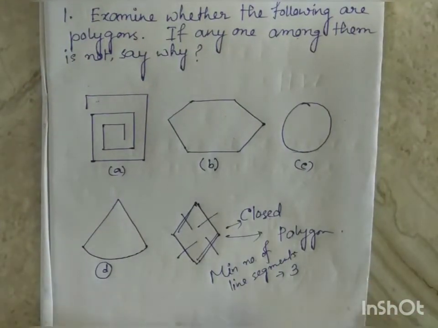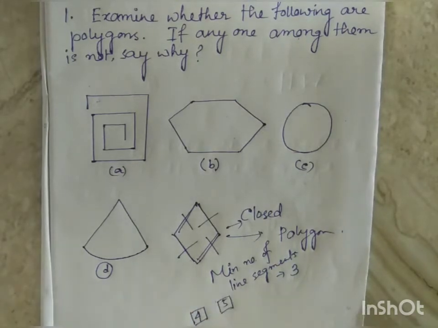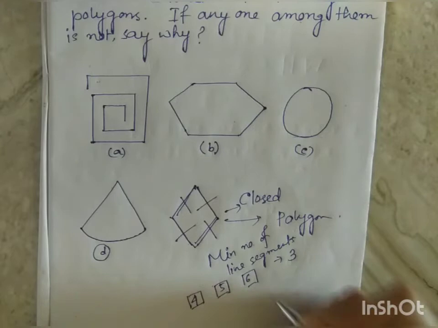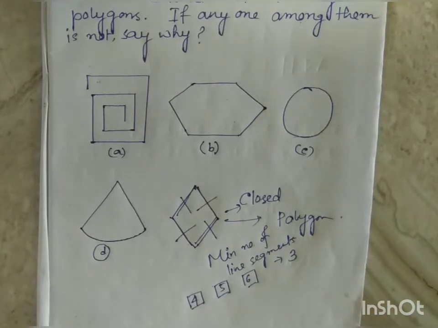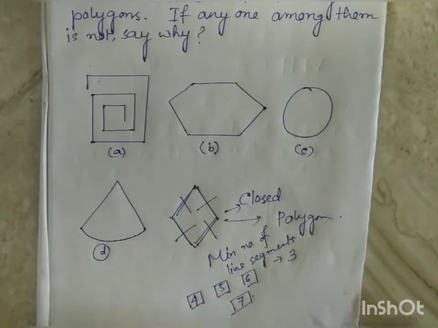After that, if the number of line segments is 4, then it will be called a polygon as well as a quadrilateral. If it is 5, a pentagon. If it is 6, a hexagon. If it is 7, a heptagon or septagon.